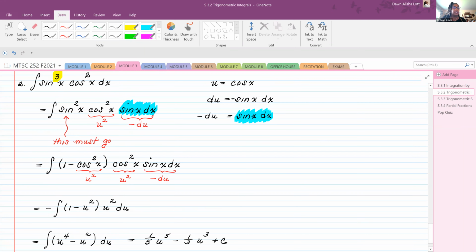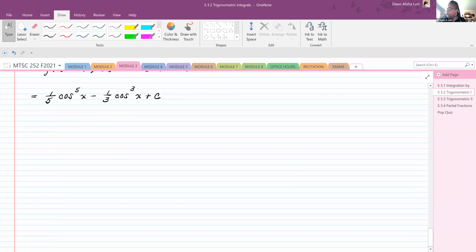Okay. Here's another example. The integral of the cosine to the fifth of 2x. All right. Here, there is no sine.